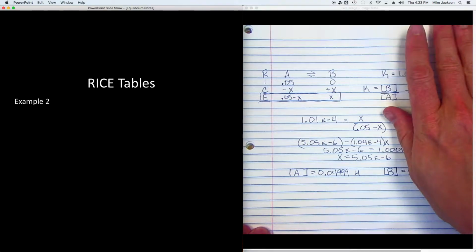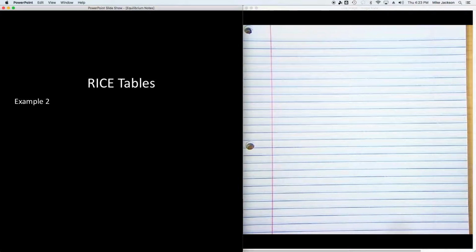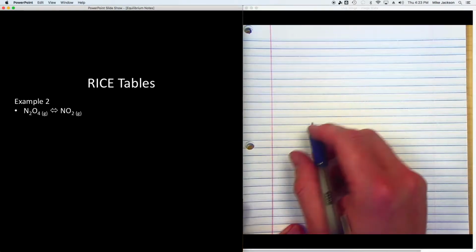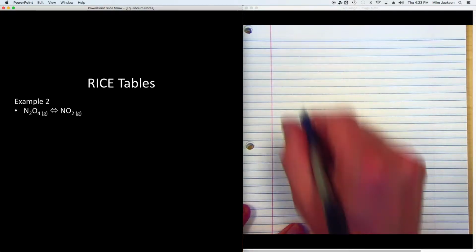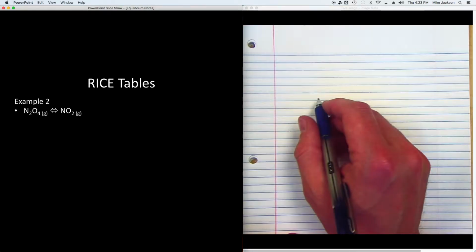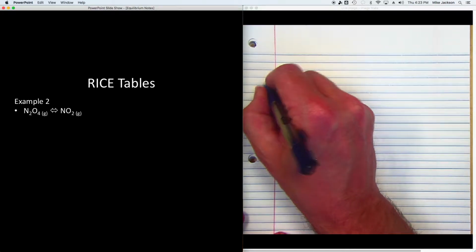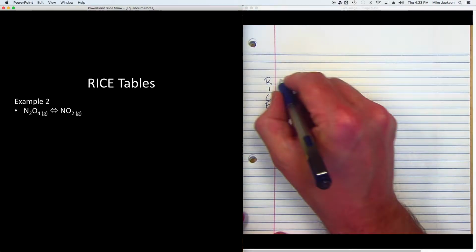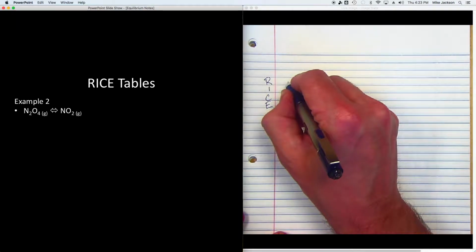Now, a second example, I'm going to show you how we can speed this process up a little bit. So we start with our chemical equation, N2O4 yields, in equilibrium, NO2. So I'm going to start by putting our RICE table together, R-I-C-E. And the R, remember, means our reaction.